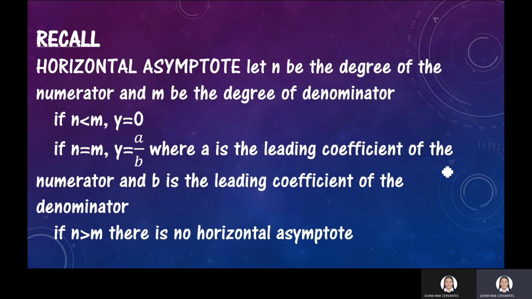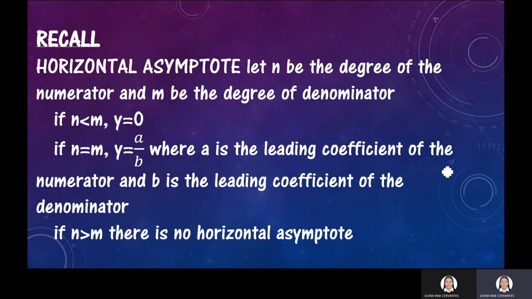Next, horizontal asymptote. Let n be the degree of the numerator and m be the degree of the denominator. So if n is less than m, then y is equal to 0.